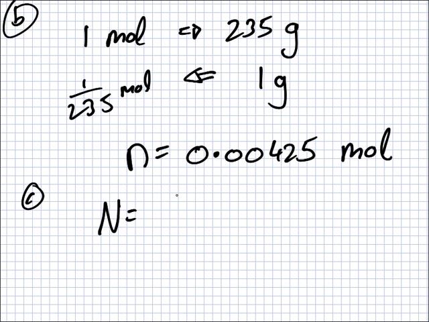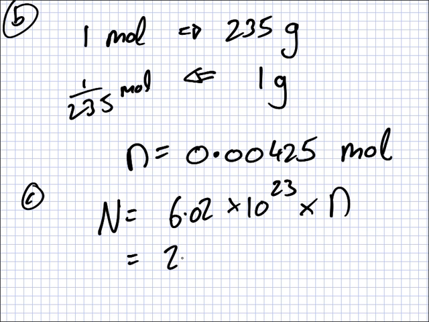If you multiply by Avogadro's, 6.02 times 10 to the 23 times this n here, what do you get? Ten to the 21. 10 to the 21? Yeah, okay.